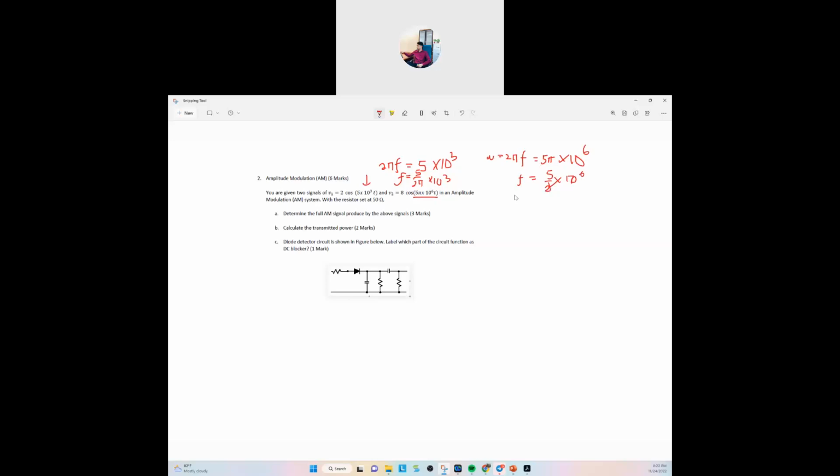Okay, so this one is suitable to be the carrier because it's higher frequency. This one is actually the modulating signal.